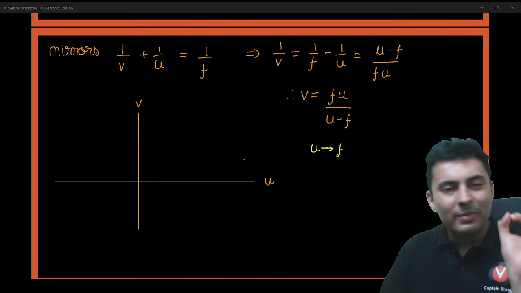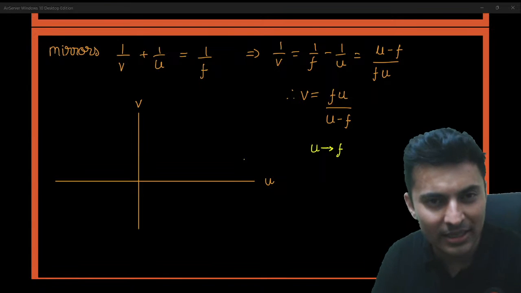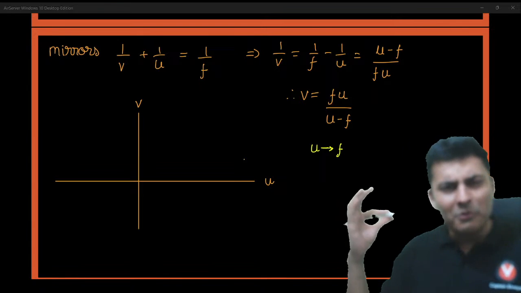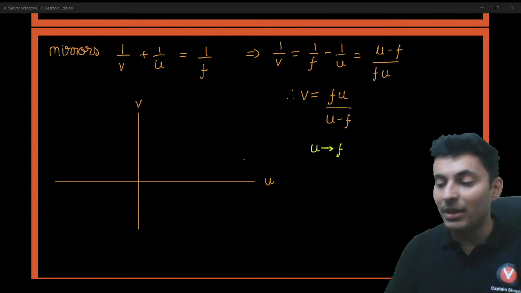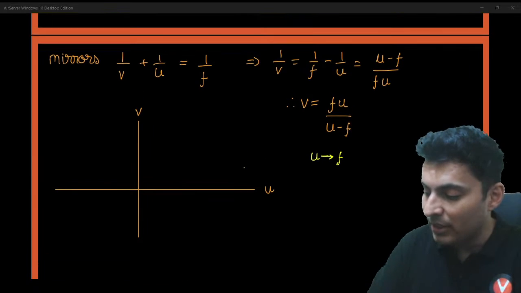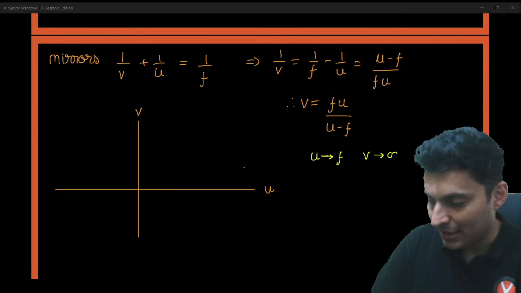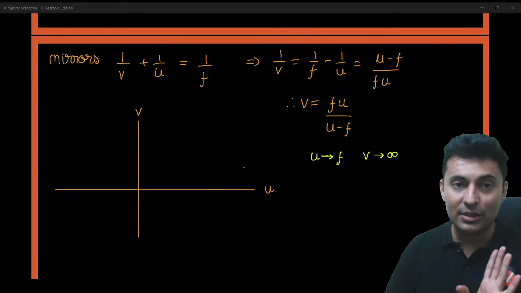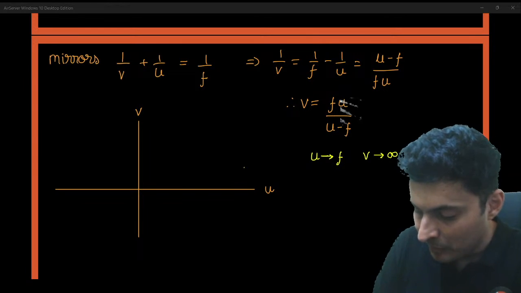Then U will be tending towards the focal length. Object distance will be almost the focal length. So the denominator will become very small, 0. So 1 by 0 will become infinity. So V will become infinity. That is one scenario.